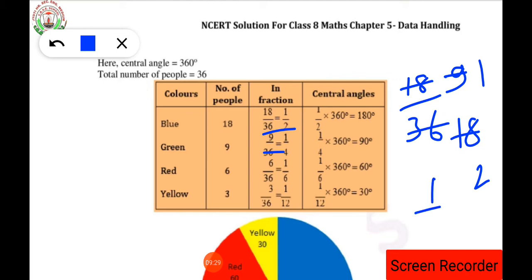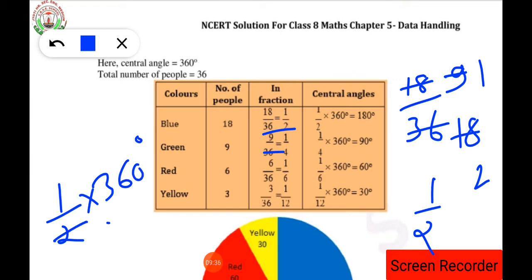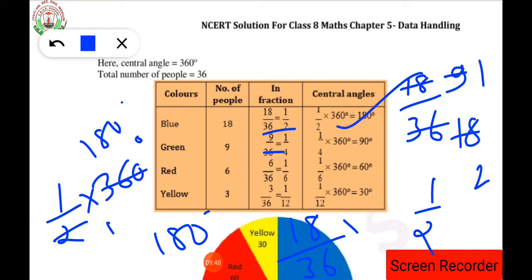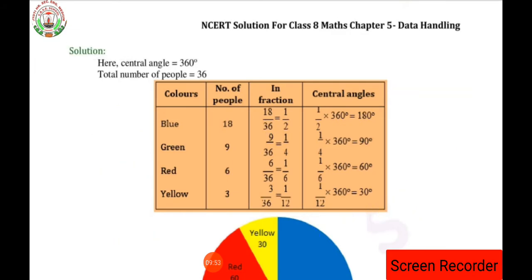So what fraction are we getting here? 1 by 2. Now this 1 by 2 will be multiplied with 360 degrees. So it will get cancelled and we get 180. So either we can do it like this, or we can directly multiply 18 upon 36 into 360. In both ways the answer will remain the same. So clear, everyone?